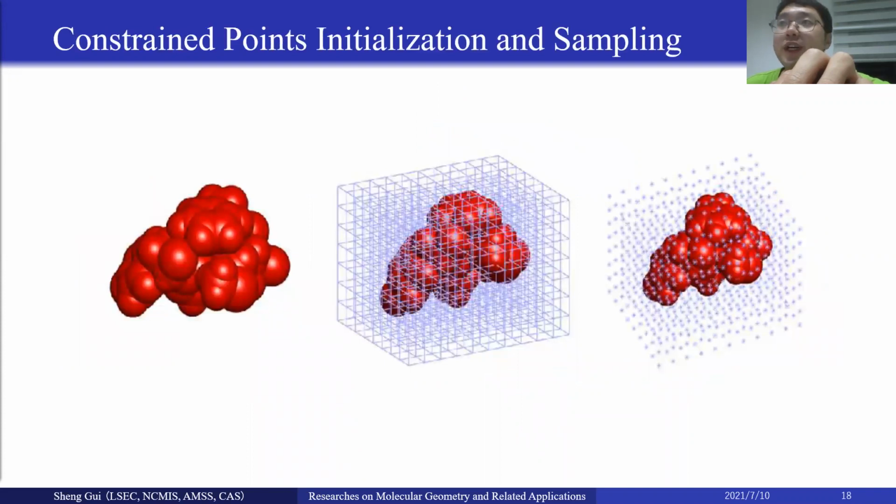In order to train the network, in the first step, the training point set is initialized. The molecule is put in a bounding box omega. The bounding box omega is discretized into a set of uniform grids as shown in the middle figure. The training data are the grid points.